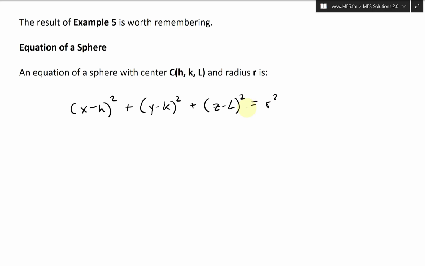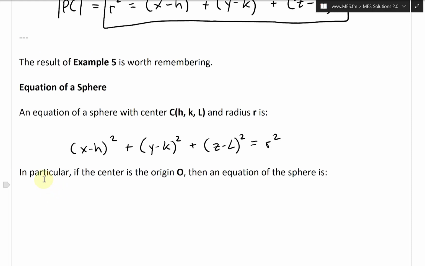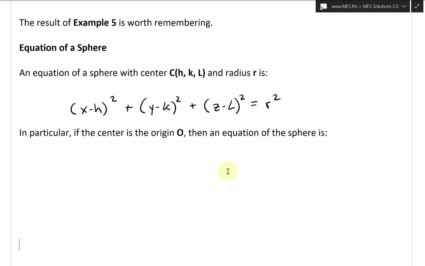In particular, if the center is the origin O, then C is 0, 0, 0, and the equation is just x squared plus y squared plus z squared equals r squared. Again, compare this with the equation of a circle, which is just x squared plus y squared equals r squared.